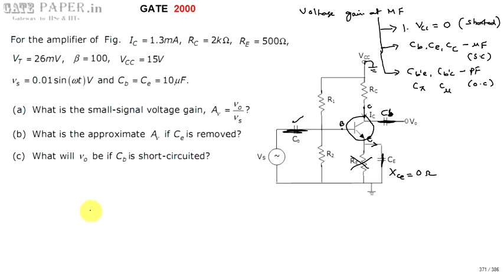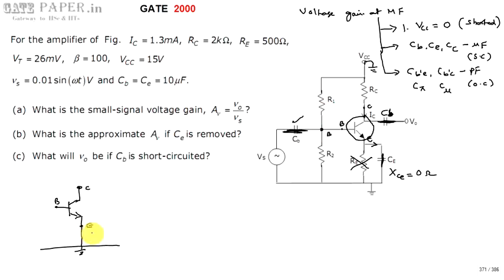So first I will draw the small signal equivalent circuit with the transistor symbol as it is. This is the transistor symbol, with collector and emitter, and this is base. The emitter is connected to ground, and the base is connected with R1 and R2. If you observe, this is the base terminal and R1 is between base and ground.